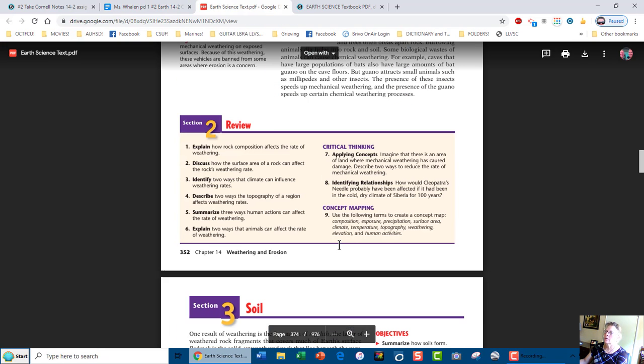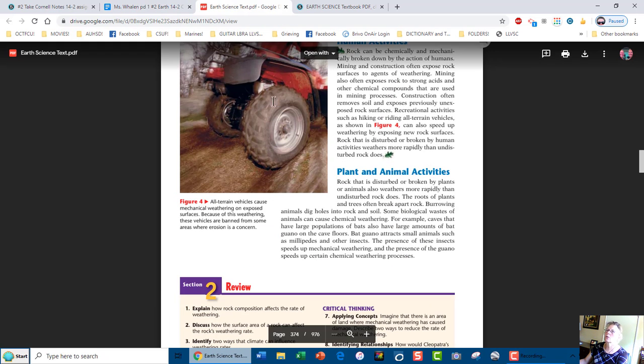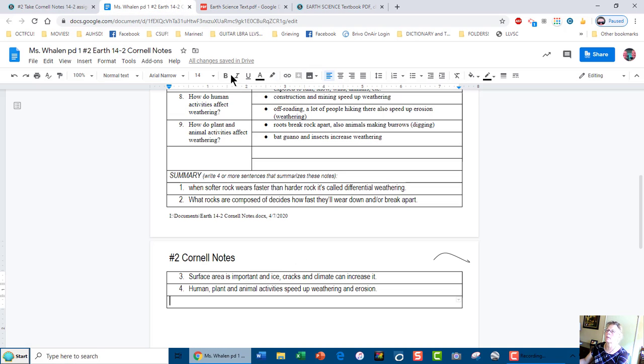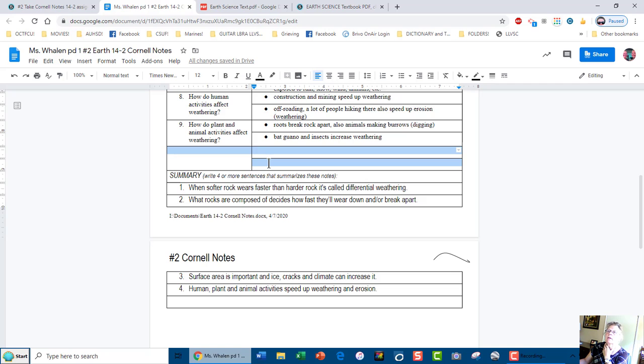Okay, so I finished the Cornell Notes for number 2, and I'm done with the PDF for the Earth Science textbook. I'll go back, and I'm just looking it over real quick. Oh, here I forgot to capitalize, so I'll fix that. These are complete sentences, so I'm just looking it over. If I understand it and feel like it, I can take out these extra spaces just to pretty it up a little bit.